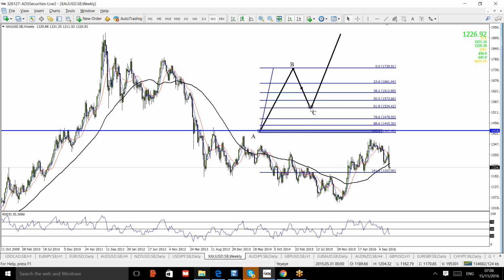So, guys, C will always be valid if the price rejects above 100, guys. Understand this. There will be no C, there will be no retracement if the price breaches 100%, guys. Remember.